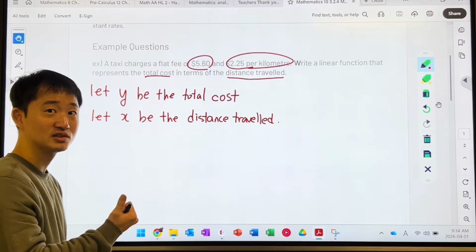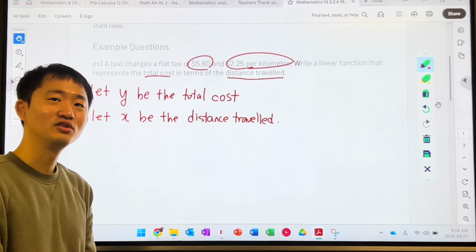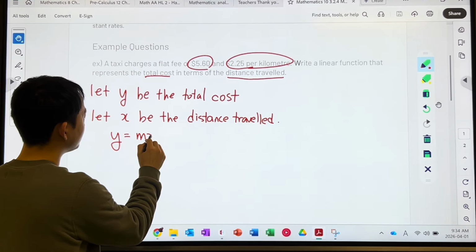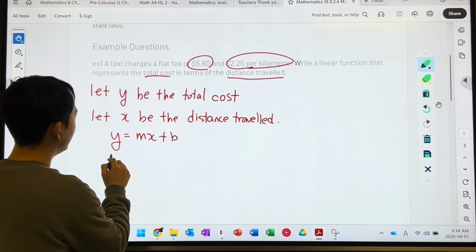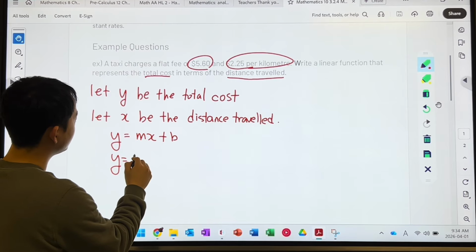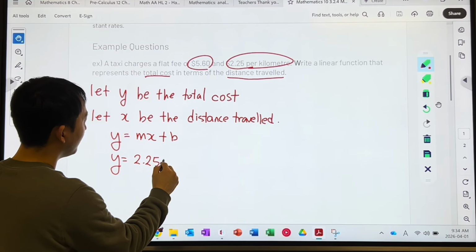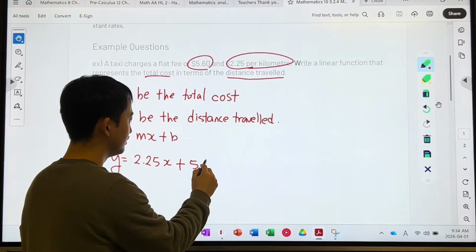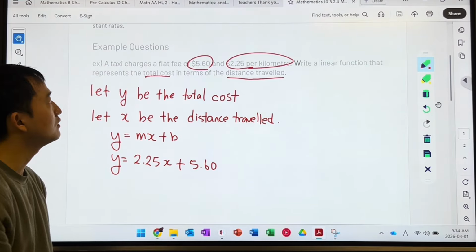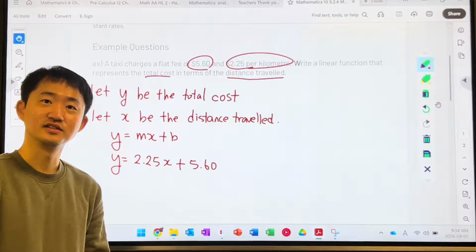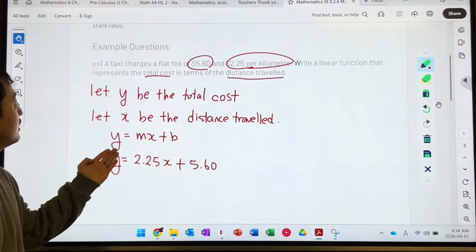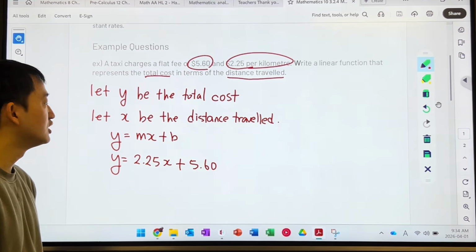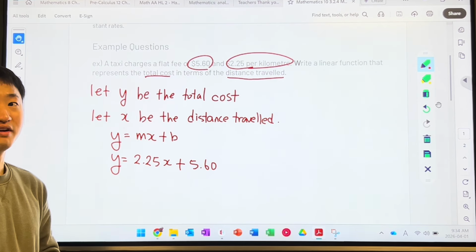So that means I have the slope and y-intercept, which means I can use the slope-intercept form. In y equals mx plus b, we can say that y is equal to 2.25x plus the y-intercept of 5.60. And voila, that is the linear function that represents the total cost in terms of the distance traveled: y equals 2.25x plus 5.60.